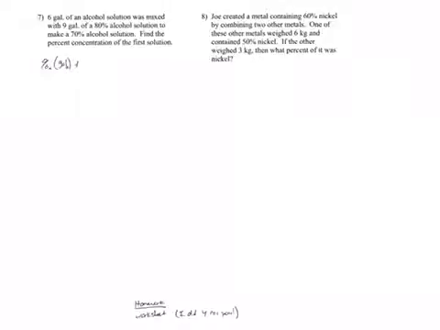And then if I added to that the percent of the second one multiplied by the number of gallons of the second one, those two together would give me the total. And to find the amount of alcohol in the total, I would need to multiply the percent of the total times the total number of gallons.